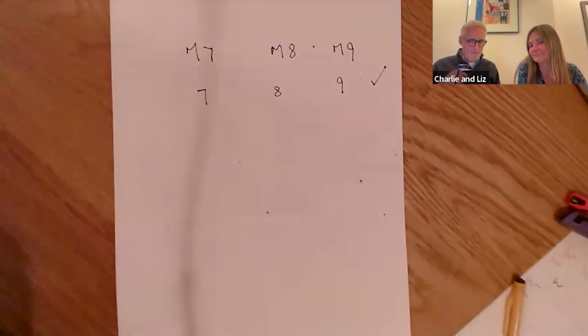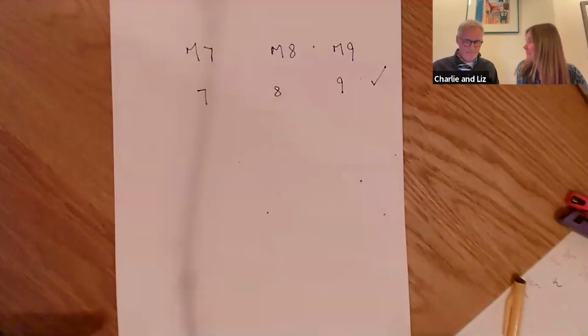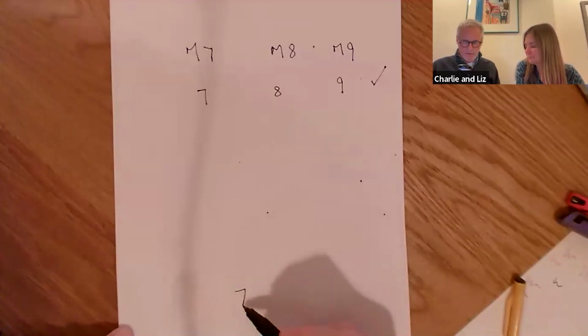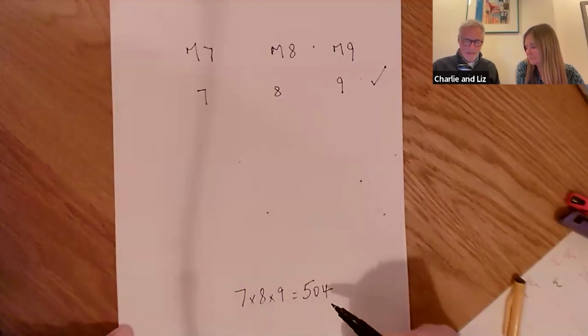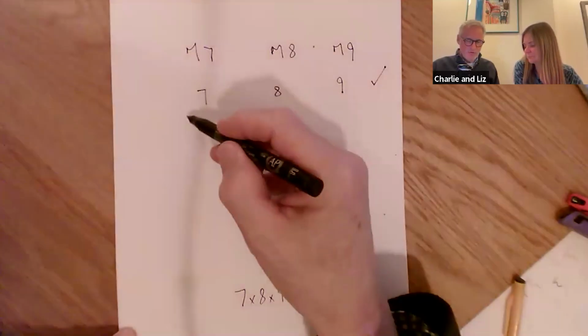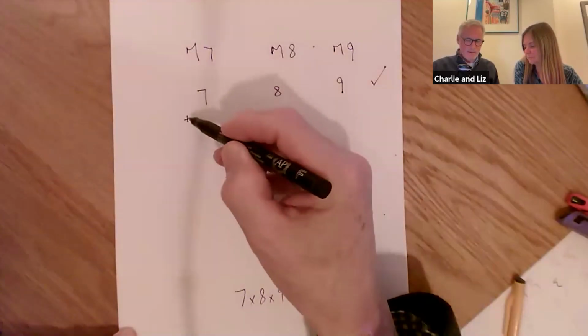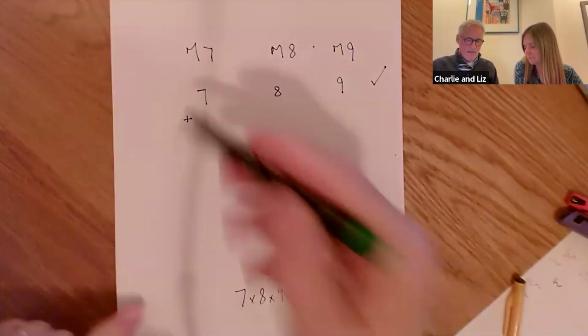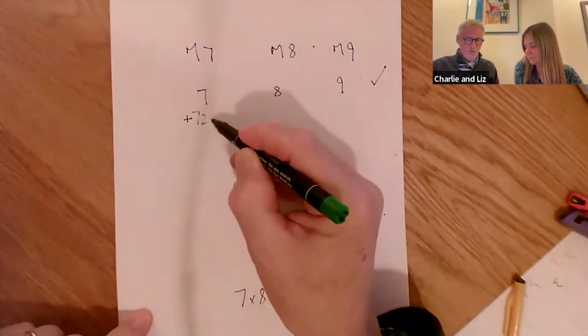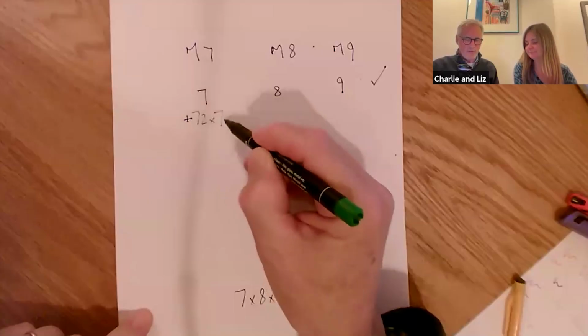So some people have been suggesting that we multiply 7 by 8 by 9. So 7 times 8 times 9 is 504. So that means we've got to add 56 nines, 72 sevens.